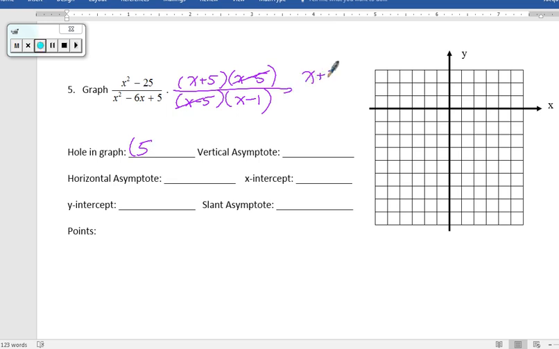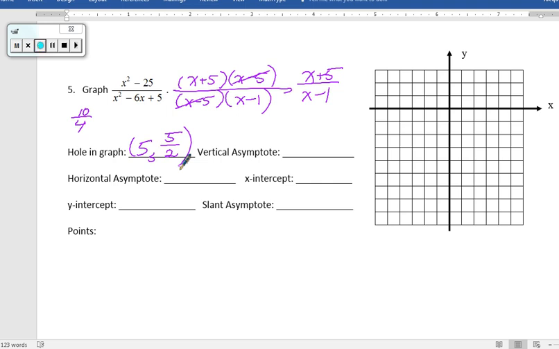We're left with x plus 5 over x minus 1. To get the y value of the hole, we're going to plug in the x value 5 both here and here. That's going to get us 10 over 4, and that would reduce to positive 5 over 2, or 2.5.